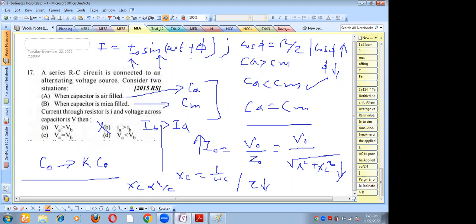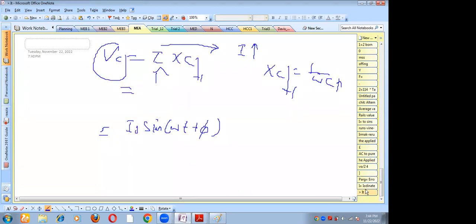But overall effect of I naught will be more. Sine omega t plus phi will have less effect. So current will increase. And here x is 1 by omega c.